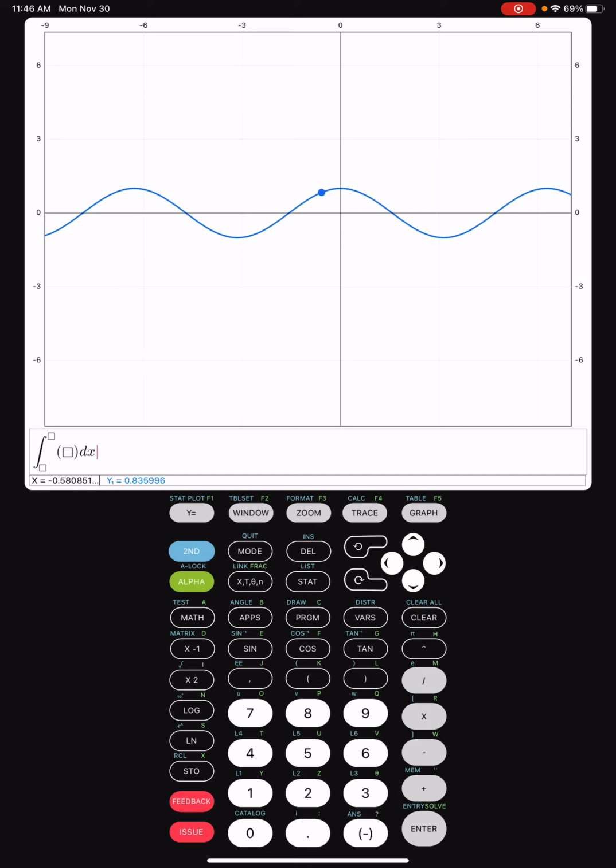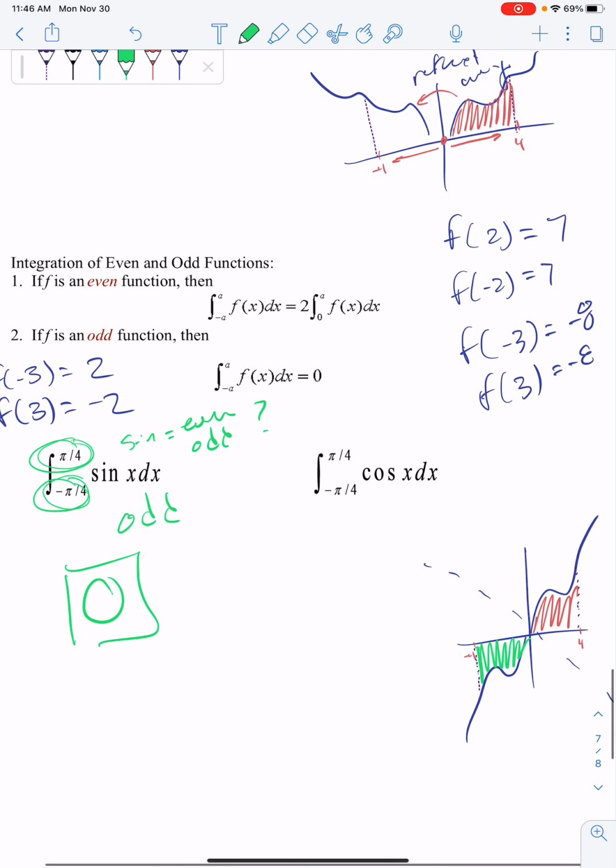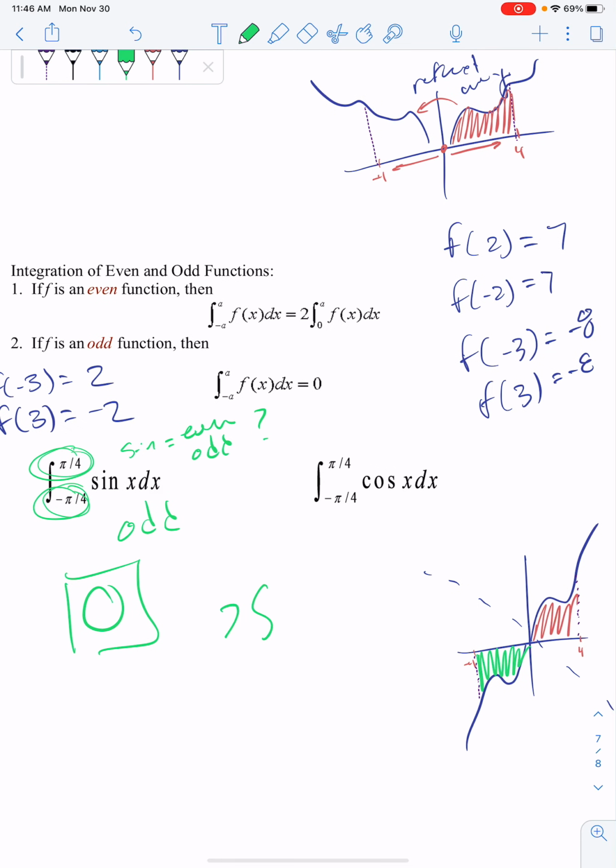So if I'm going from 0 to pi halves this way, I get the same amount as if I go from 0 to negative pi halves. So for this one, I can say that I can just take double the integral from 0 to pi fourths of cosine of x dx.